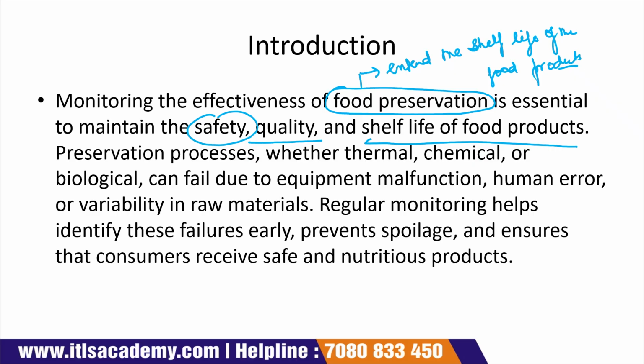A preservation technique, whether it is a thermal, chemical, or biological technique, can also fail. Why does it fail? Maybe because of human error, variability in raw material, or malfunctioning. These are the reasons due to which a preservation technique can fail.